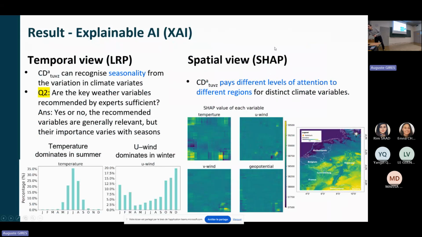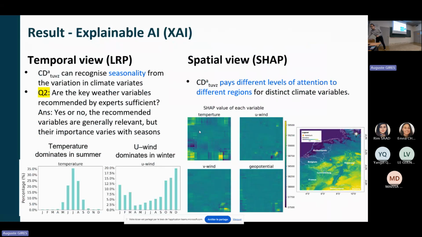When we use SHAP values to look into the importance here, we can see there is actually a spatial distribution of the importance. The traditional method didn't consider this and just assigned the same importance at each location. But because in our target area there's a mountain, you can see that in the mountain area the importance of wind starts to increase. So you shouldn't treat it like the ocean area. There's a difference in space.